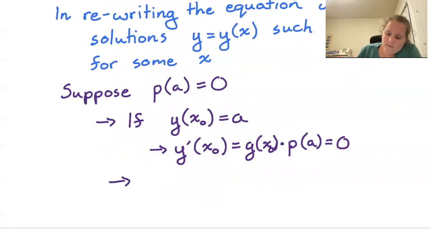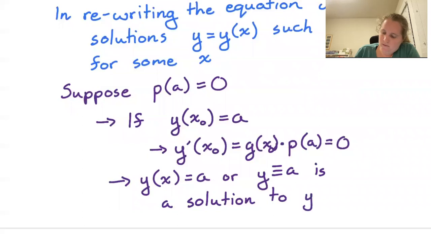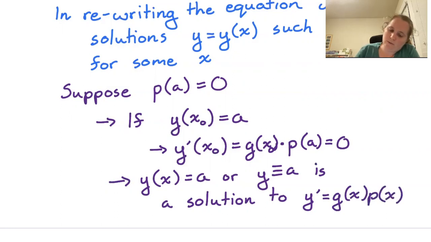So this means that y of x equaling a, or y identically equal to a, is a solution to y prime equals g of x times p of y.